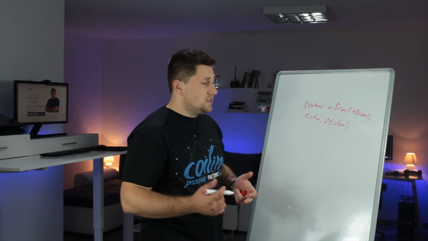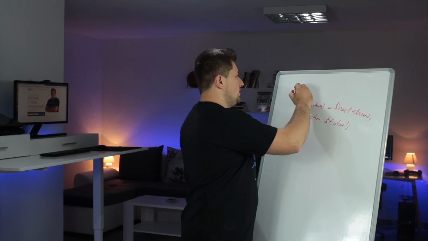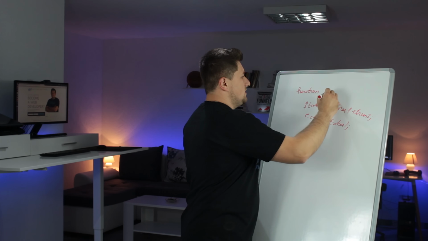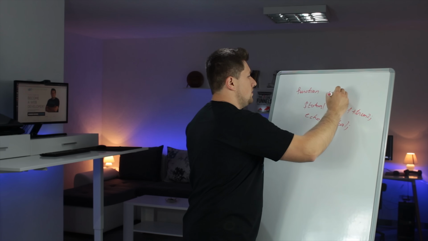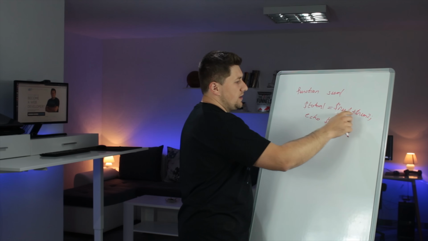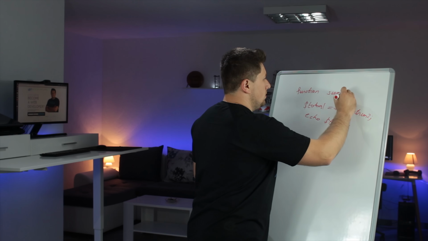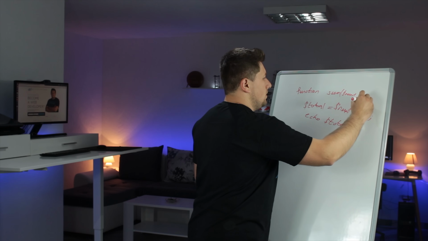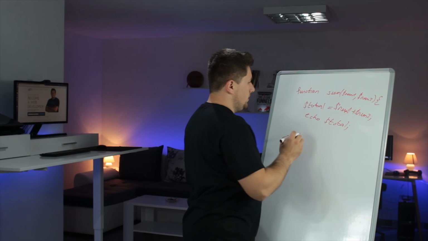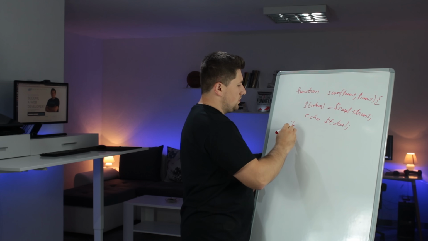But what we can do is we will define a function and say function, let's say sum, and we will have 2 parameters, number 1 and number 2. So we'll say number 1, number 2, open and close.